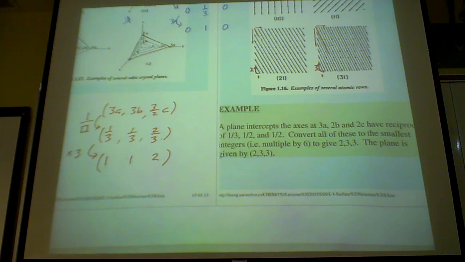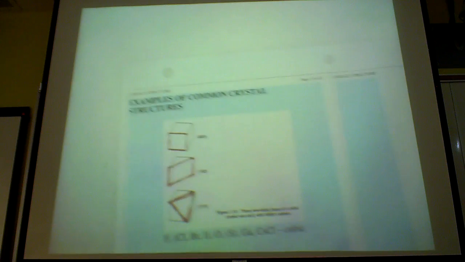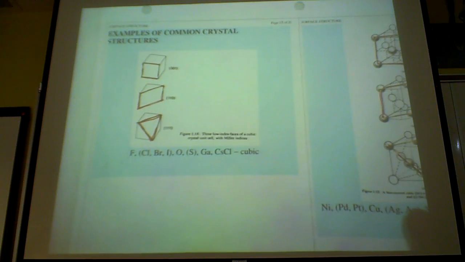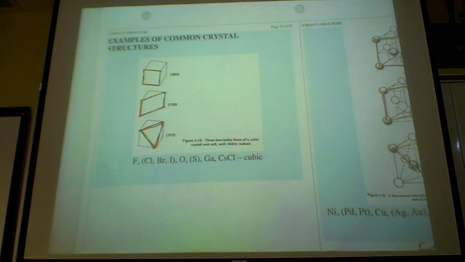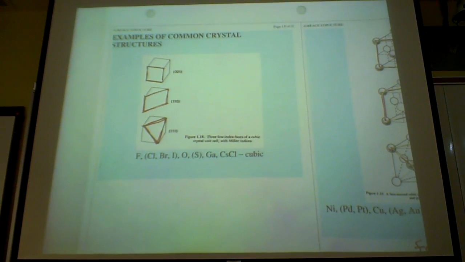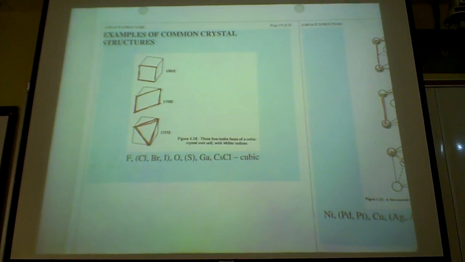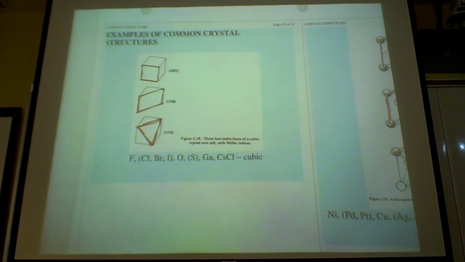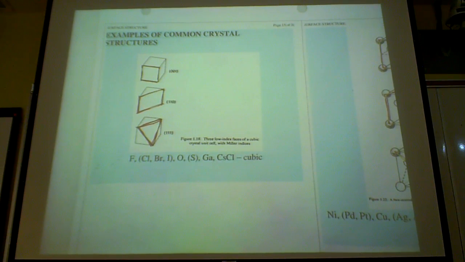Okay, next. I'd like to give you a couple of examples of some common crystal structures that you may see. The first one, of course, people are quite familiar with, I hope, is the cubic structure. We learned about this in first-year chemistry courses, and these are some examples.